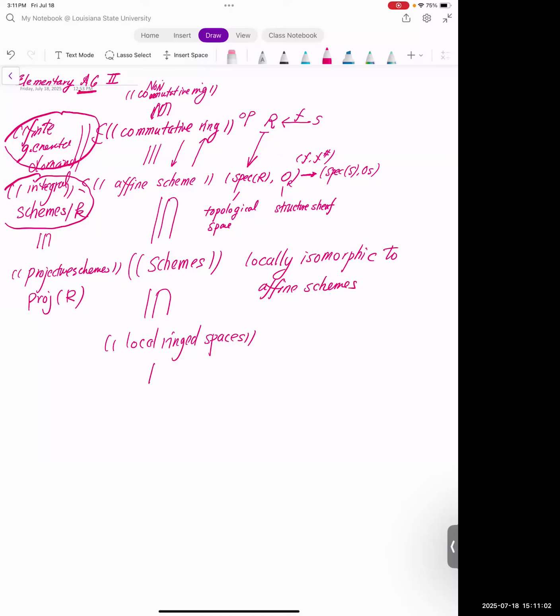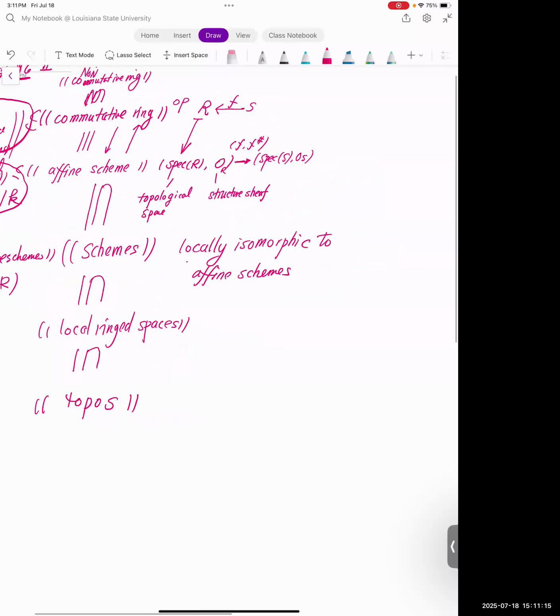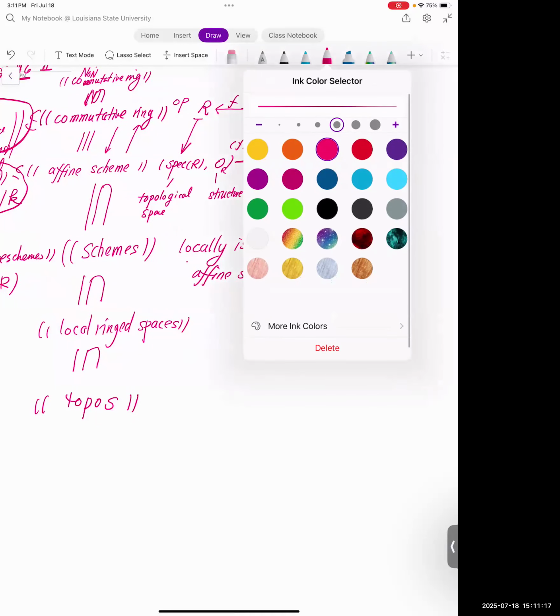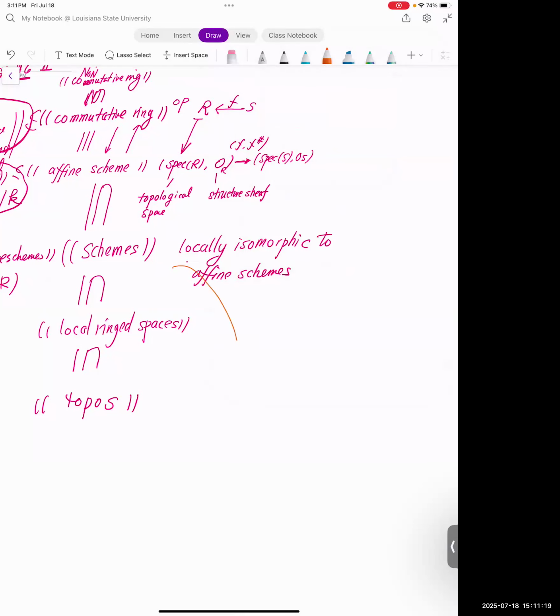And if you are being a little bit more general, you can even embed this into the category of topoi. So that's one way people do it. And as I said, there's another way to include this by stacks. So you can also do that.